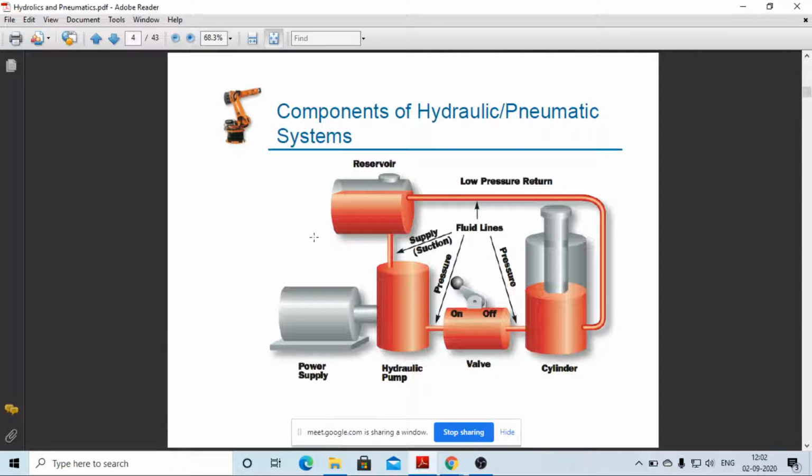Then there is a requirement of an air treatment unit. In the air treatment unit you have to mix your air with some lubricants to make it less corrosive, otherwise air will corrode the pneumatic system and it will decrease the life cycle. But the medium of the hydraulic system is a good incompressible fluid, so these types of problems can be avoided in hydraulic systems.